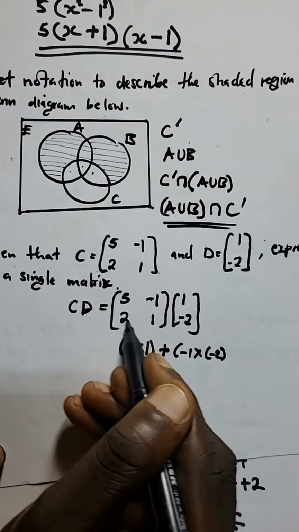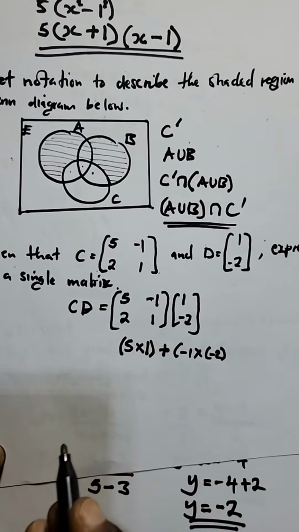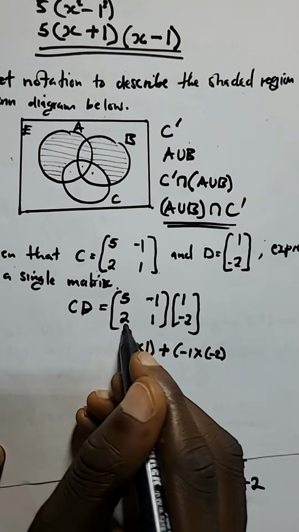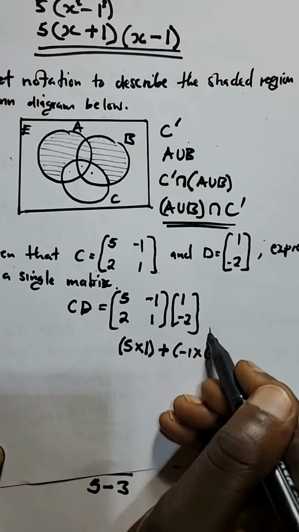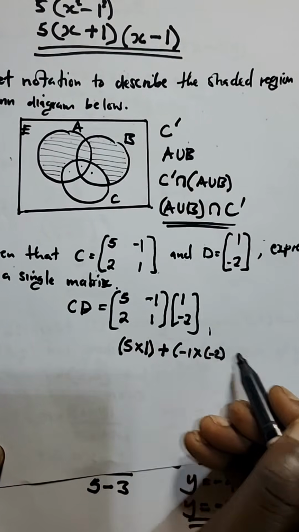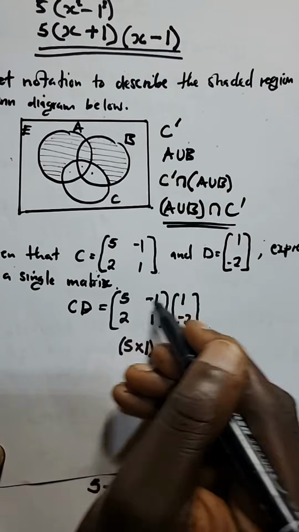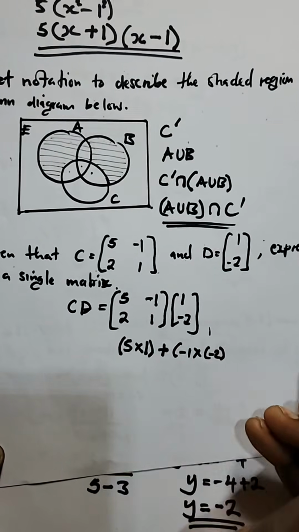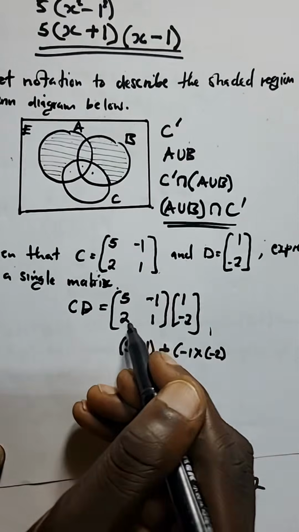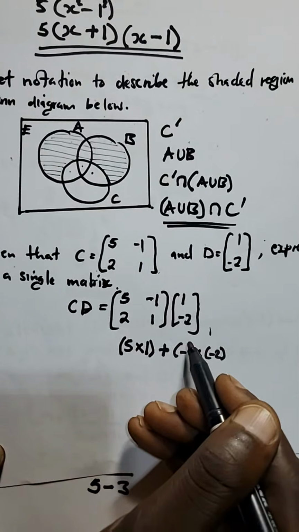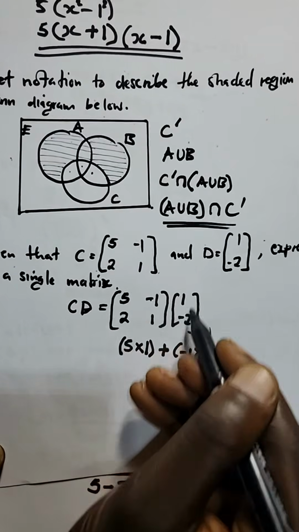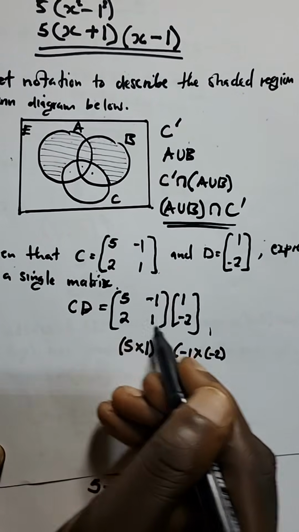So we come to this row and the same column. Okay, so if we had another column this side, we would have continued multiplying this side. Okay, now since we only have one column here, we can just multiply this times this. Then we're done.